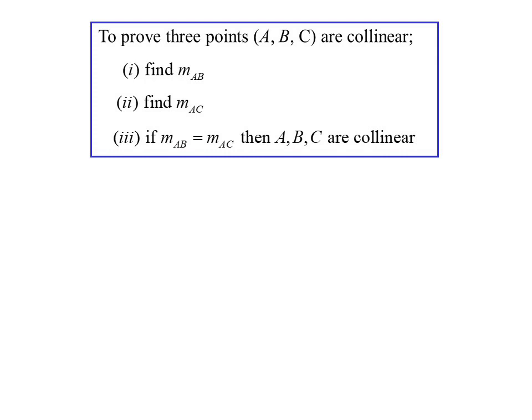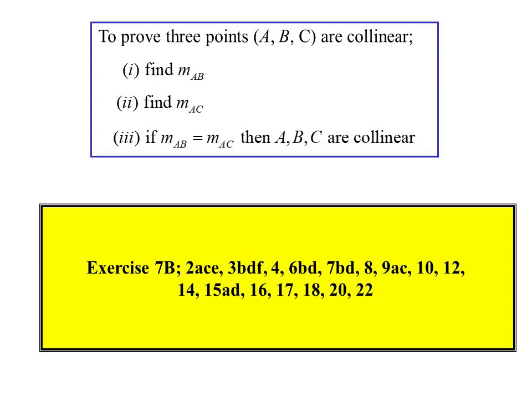If those slopes are the same, we know the lines are parallel. However, they both contain the point A. So they can't be parallel, therefore they must be the same line, because they've both got A. So that's how I would go and prove it. I'd find the 2 slopes and say, aha, but they have a common point. Therefore, they've got to be collinear. All right, there's the first bit of theory for today, just talking about slope.